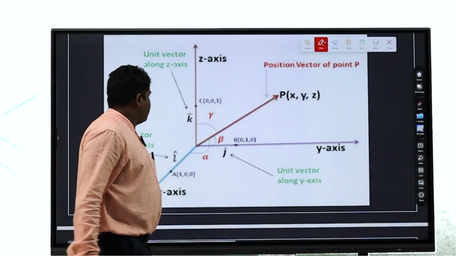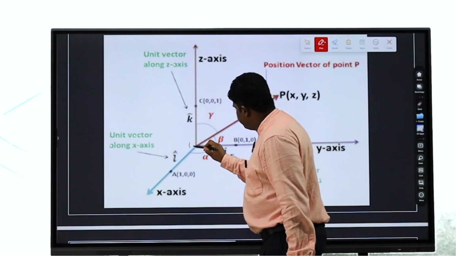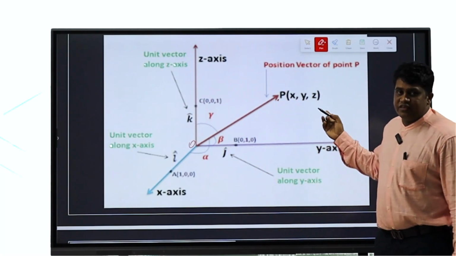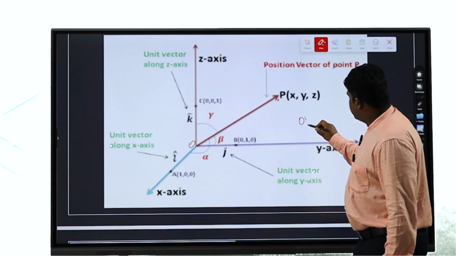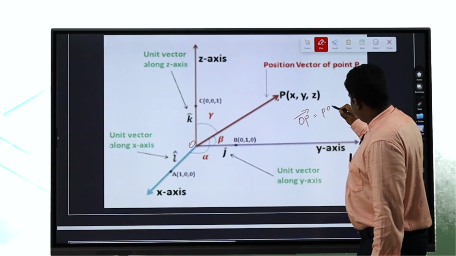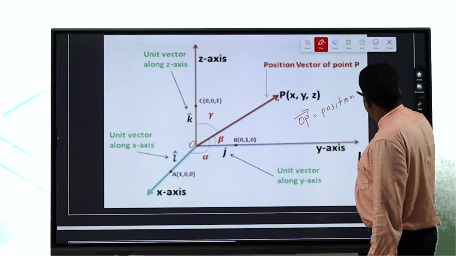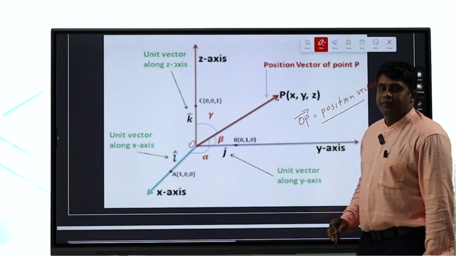Okay. Then we have this origin O. Let this be a point P (x, y, z). Then the OP vector is known as the position vector. We will study the position vector in detail later. Why is it called a position vector?